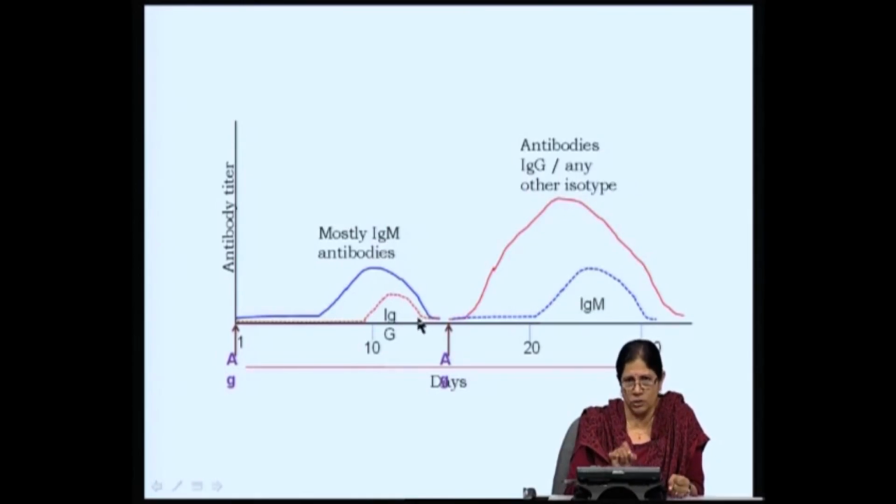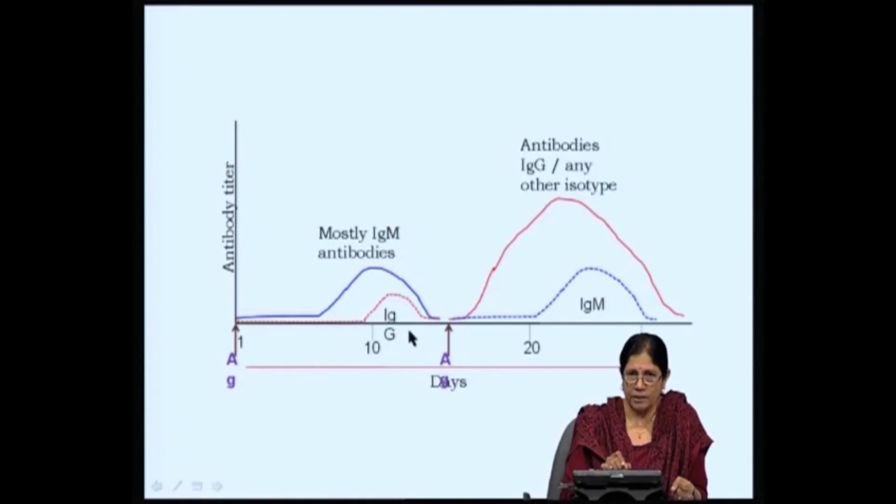If one looks closely, one will be able to see that there is a very small population of antibodies that are of IgG class. This is much later than the IgM, and as has been seen via experiments, class switching from IgM to IgG begins at around day 7 in the primary immunization.